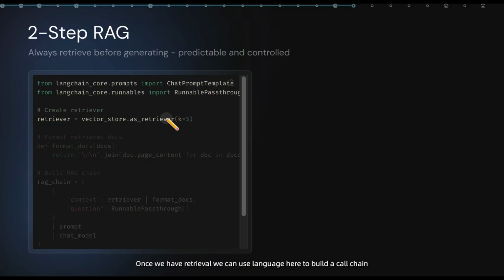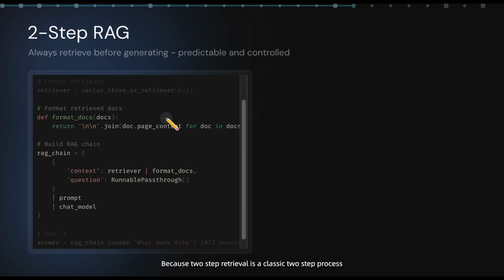Once we have the retriever, we can use LangChain to build a call chain, because two-step retrieval is a classic two-step process, and it's a very straightforward kind of call. A chain is just a chain, so for its input, we use the retriever to perform document retrieval. The results we get are then concatenated into a single long piece of text data.